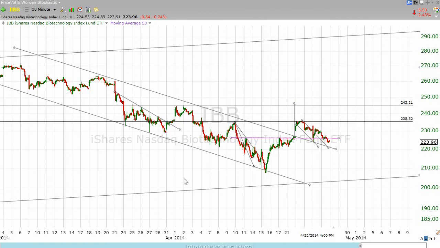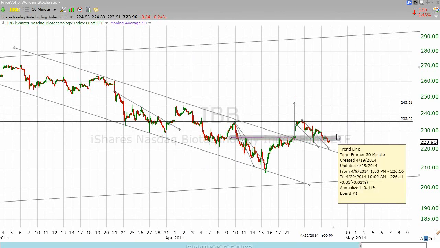But most importantly, when we put this in context of where these things are forming, you can see that there was a descending channel right here that lasted for the better part of 2 months after setting an all-time high of about 270 in this index. We broke out over that, gapped over it in fact, and then started to sell back down.